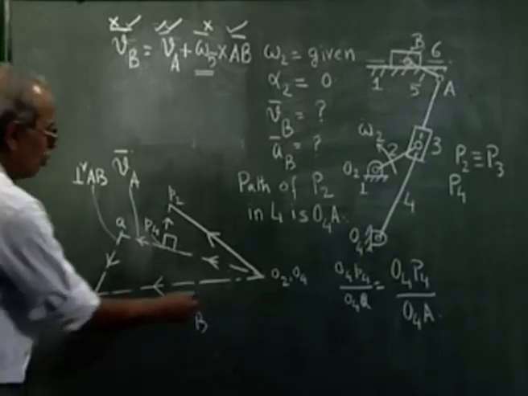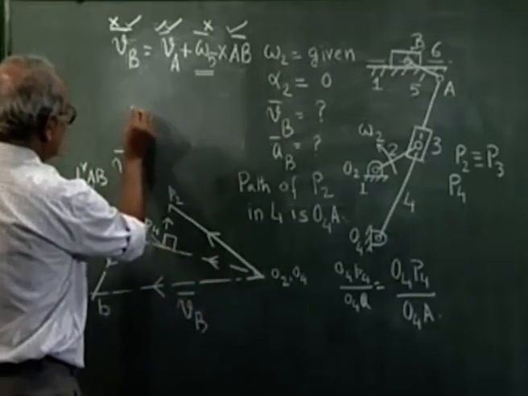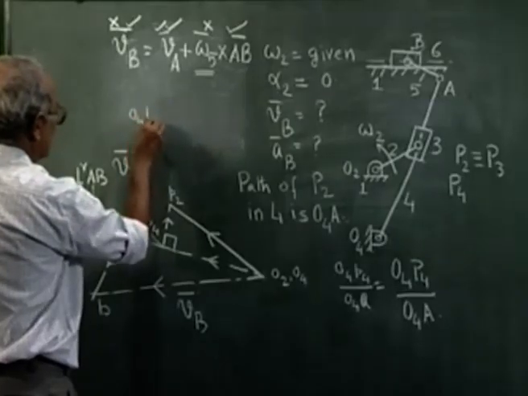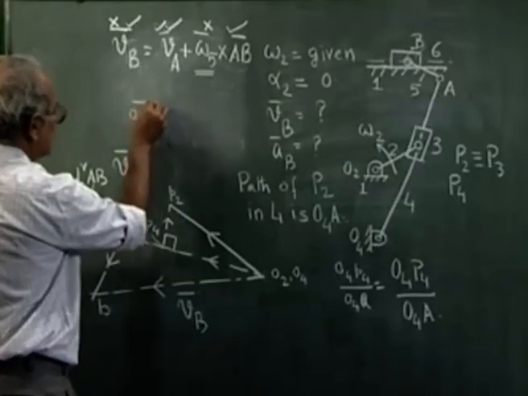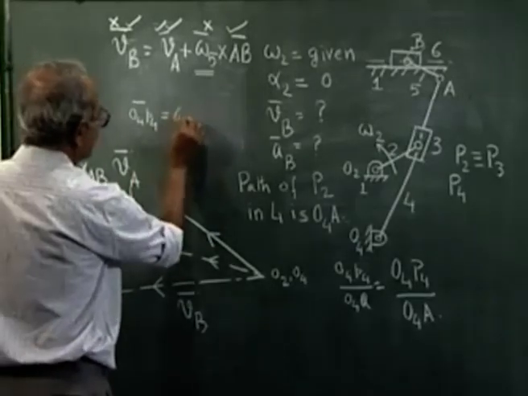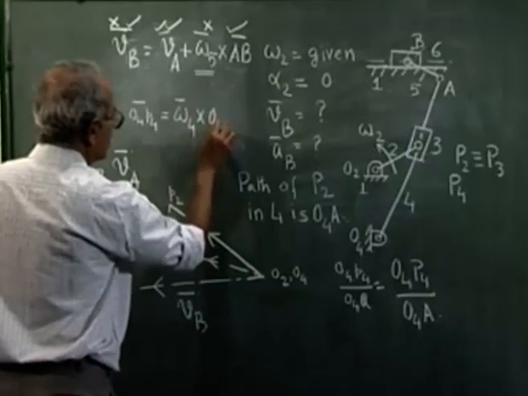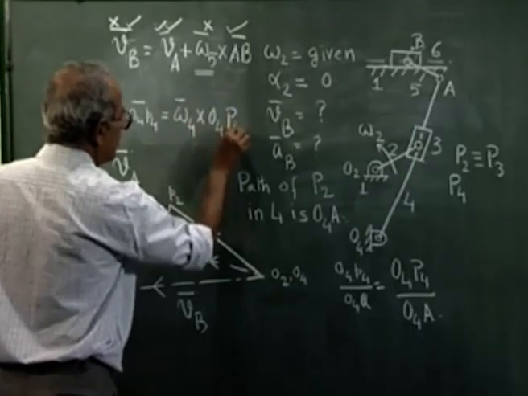Similarly, if I consider O4 P4, that is the velocity of the point P4, which is omega 4 cross O4 P4.